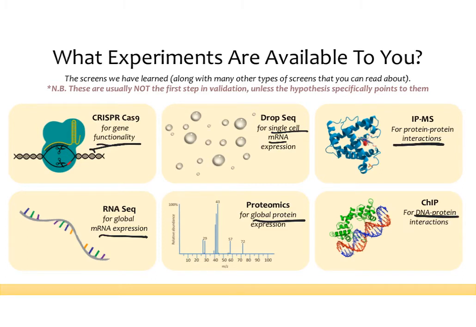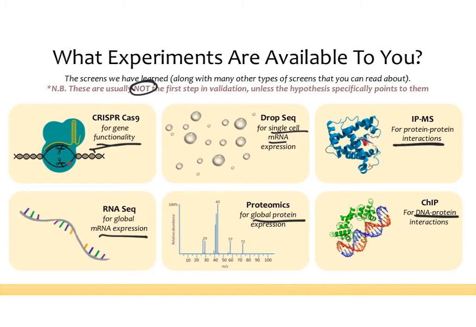So all of these screens are available to you, and these might be a good first step for a very, very broad hypothesis that specifically implicates these screens. But in general, these are not your first step for validation. If you have a simple hypothesis, your first step should not be to run to a giant screen. These take a lot of time, a lot of energy, and a lot of money.